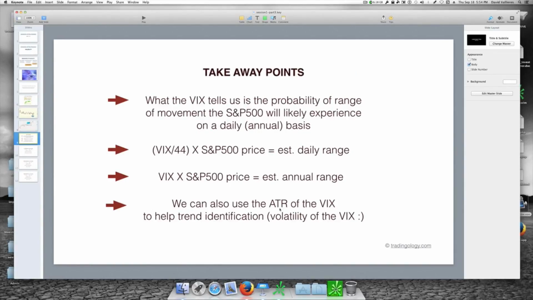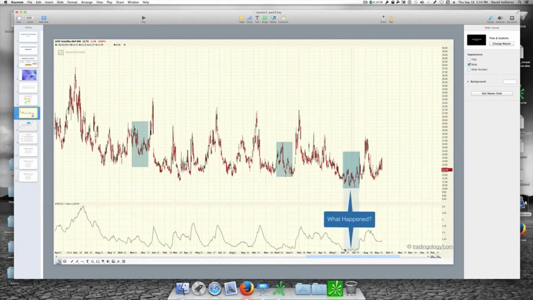And we also use the average true range of the VIX to help with trend identification, which is the volatility of the VIX. I know that sounds kind of strange, but actually it is a tremendously helpful tool in order to determine what is going to happen in the future.